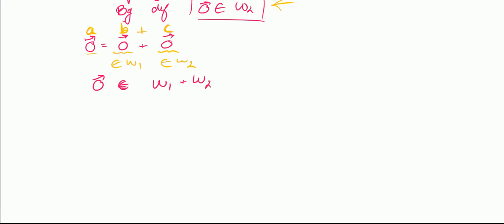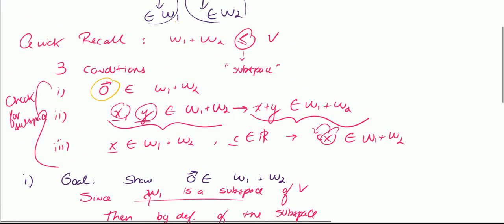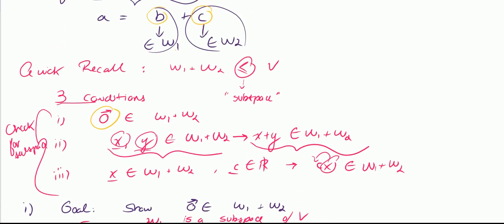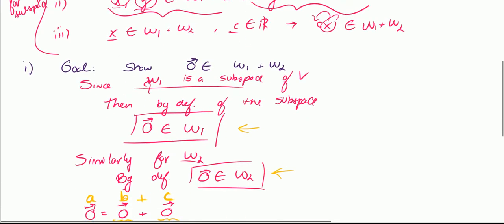So now I've shown that the zero vector belongs to W1 plus W2. So this concludes this first part of my proof, because there's three parts of my proof. There's three conditions. The first one that I just showed is that the zero vector belongs to W1 plus W2.